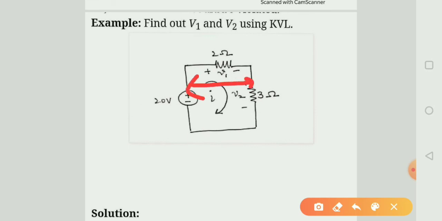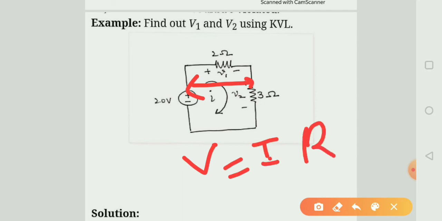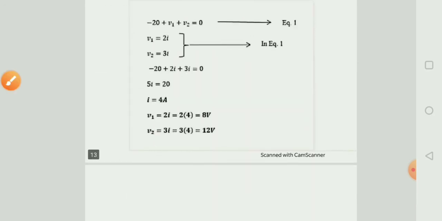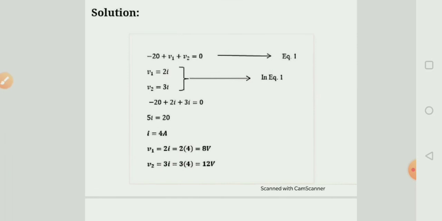Here the current is I and R is 2 ohm. So we can write V1 equal to 2 into I and V2 equal to 3 into I. We take the value of current as I because it is unknown.